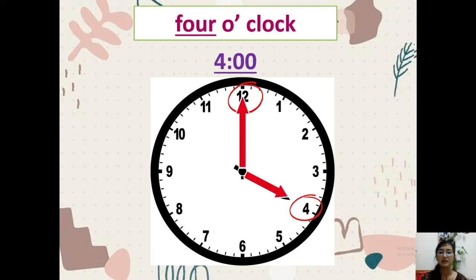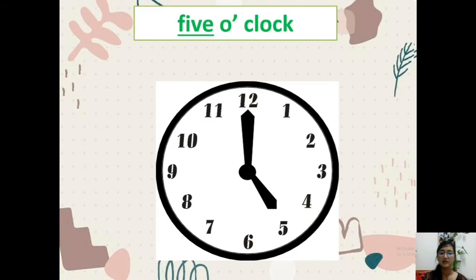It's 4 o'clock. The next one is, if the long hand points to 12 and the short hand points to 5, then the time is 5 o'clock. It's 5 o'clock.